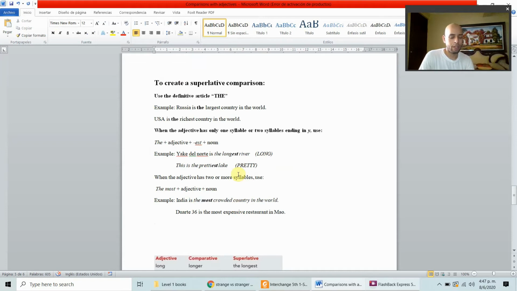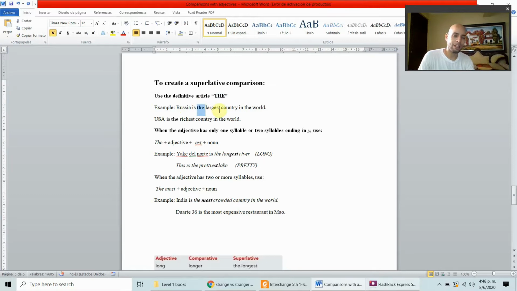Okay, so now to create a superlative comparison, use the definite article the. So we have to use the before the superlative. For example, Russia is the largest country in the world.